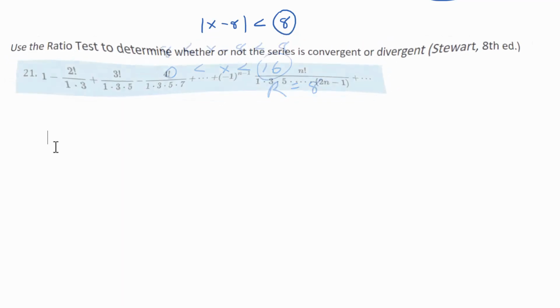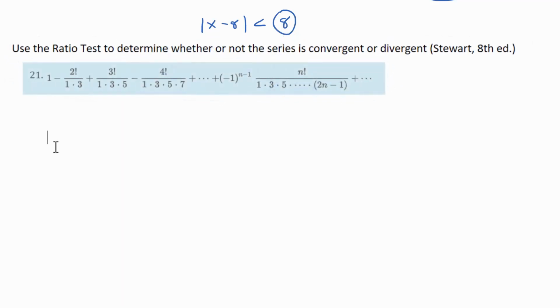Instead of writing all that down, I just want to point out what the nth term is. If you look at the very last term in 21, that's actually the nth term. I'll write it this way.